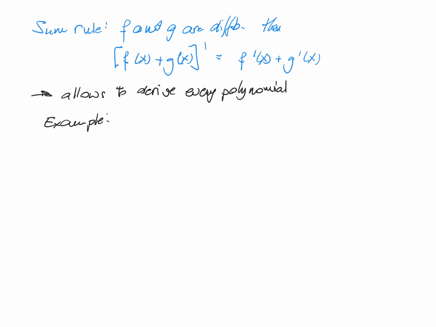So let's say we have any polynomial: x to the power 8 plus 7x to the power 7 minus 3x to the power 6 plus 4x to the power 3 minus 2x minus 7. And let's say we want to derive this. Then we know that it's a derivative of a sum, so it's a sum of derivatives.